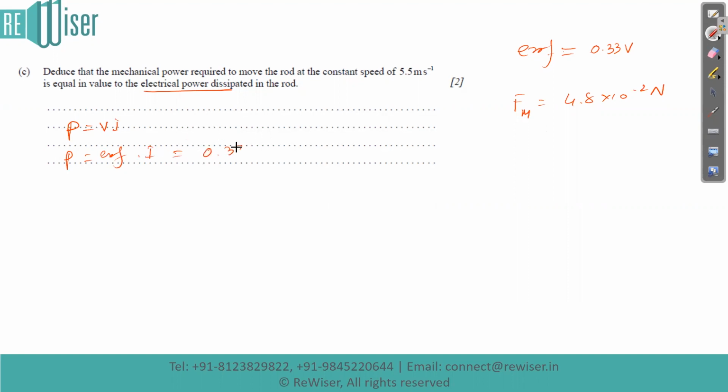EMF is 0.33 into induced current 0.8, which is 0.264 watt. This is the electric power dissipated through the rod.